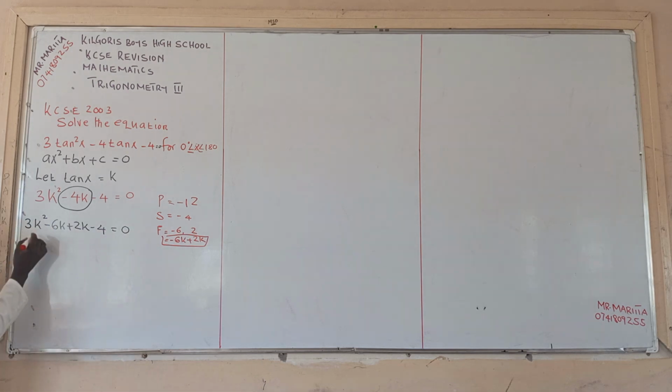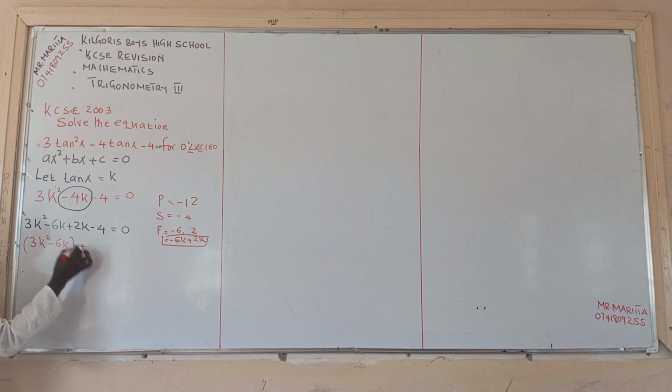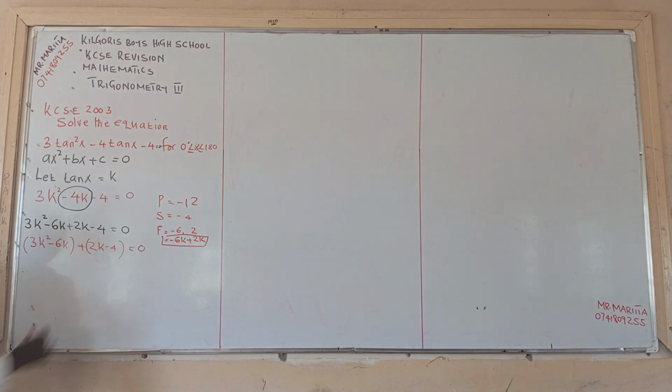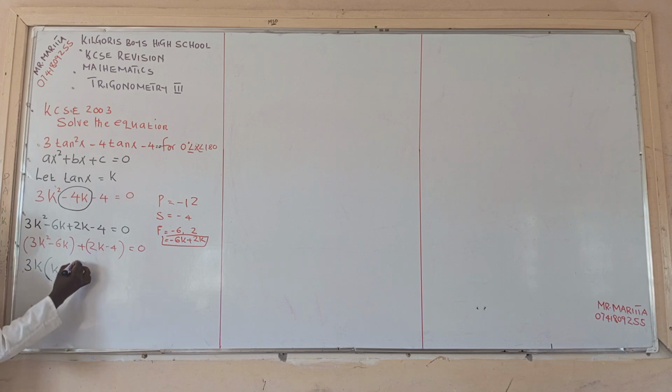You can group this as 3k squared minus 6k, then plus 2k minus 4, equals 0. From here 3k is common, so we have 3k into brackets: k minus 2, such that 3k times k gives 3k squared, and 3k times negative 2 gives negative 6k.